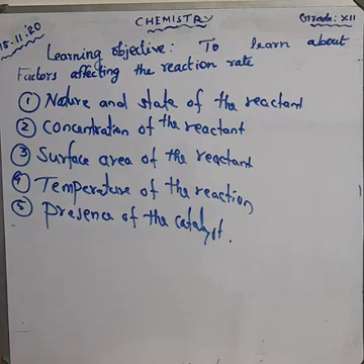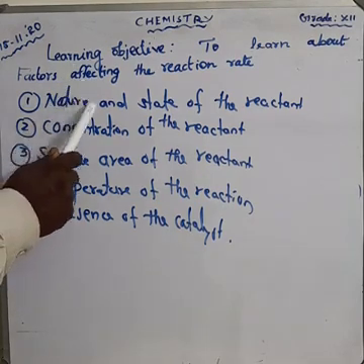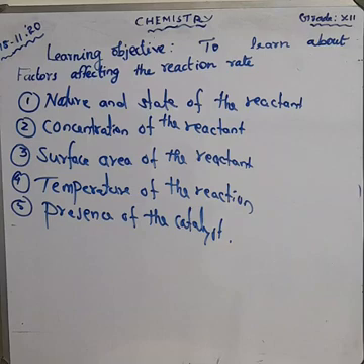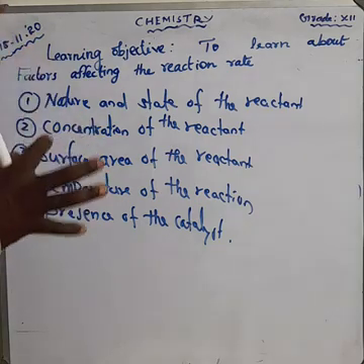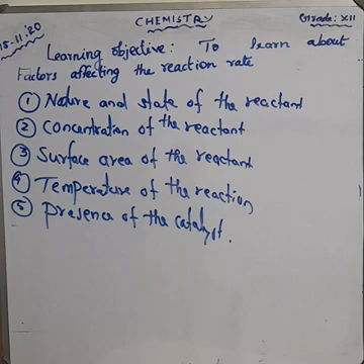The first one is the redox reaction between ferrous ammonium sulfate and KMnO4. Second one is the redox reaction between oxalic acid and KMnO4. It explains the nature of the reactant.